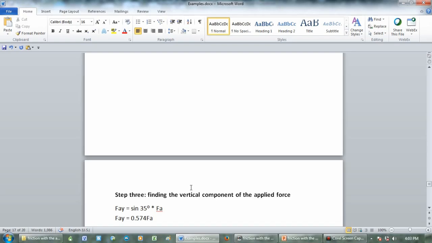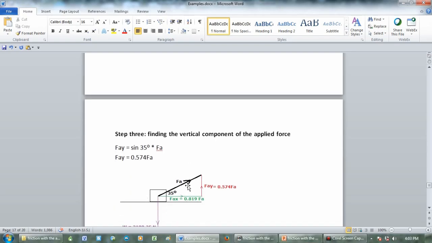Step 3, find the vertical component of the applied force. The vertical component equals the sine of 35 degrees times FA. The sine of 35 degrees equals 0.574. So FAY equals 0.574 FA.